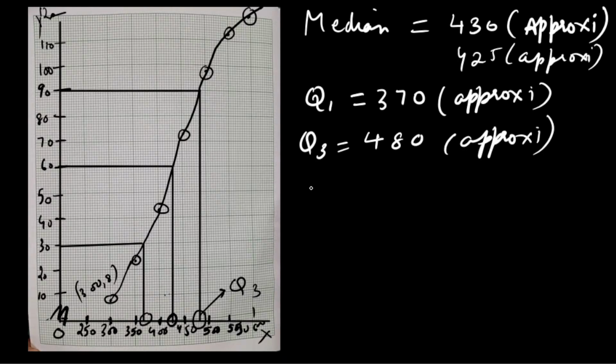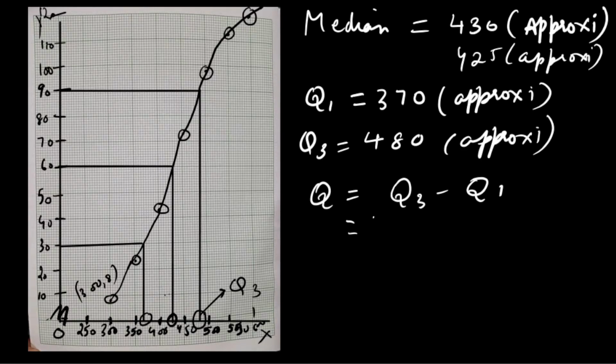Now interquartile range, that is Q. Yes, 480 to 485 you can take. Make sure you are writing the approximate values over here. Then interquartile range, which is Q, is Q3 minus Q1. If you do Q3 minus Q1, how much are you getting?